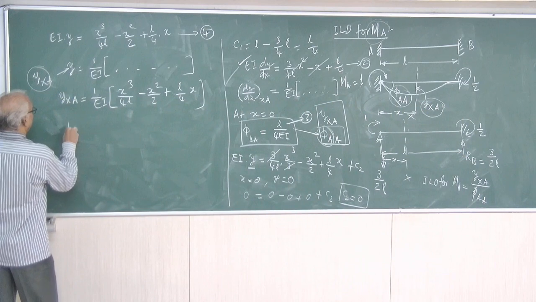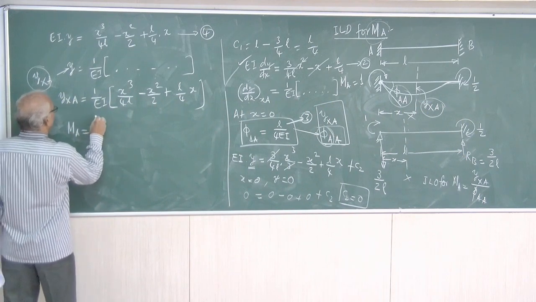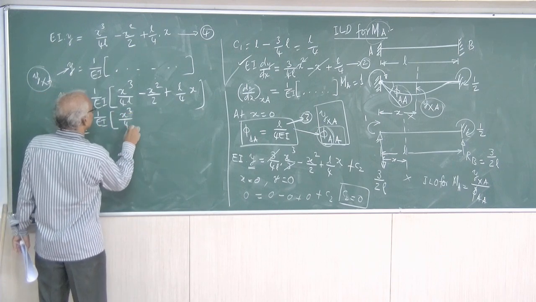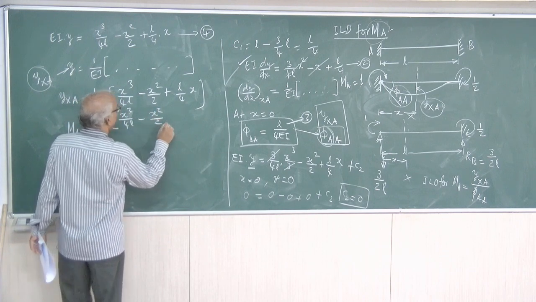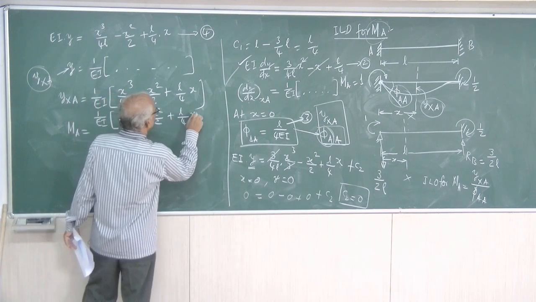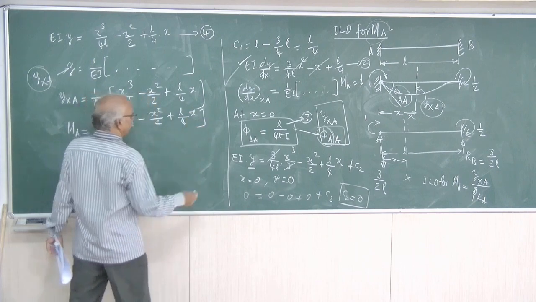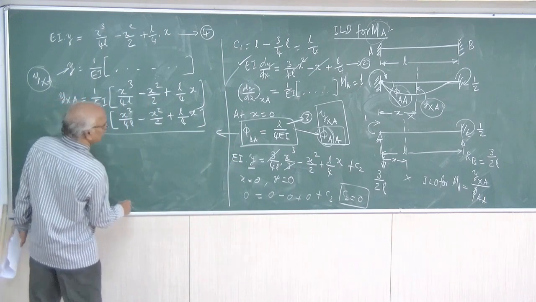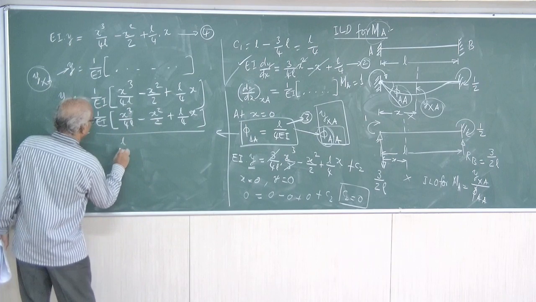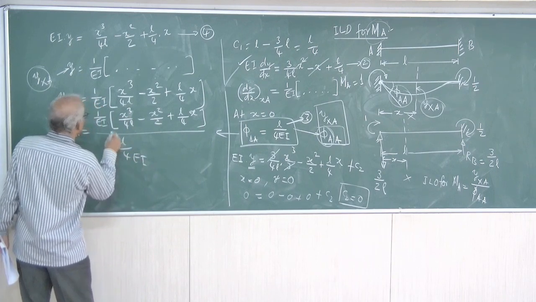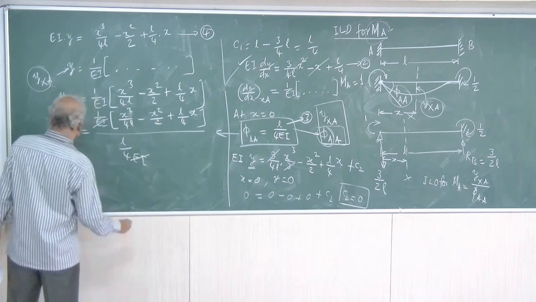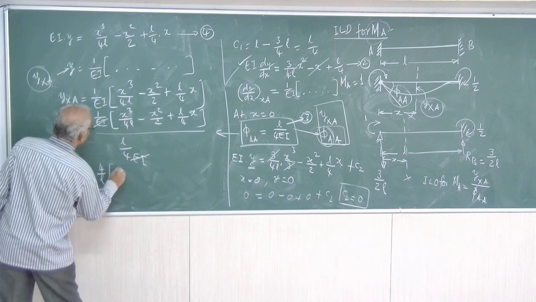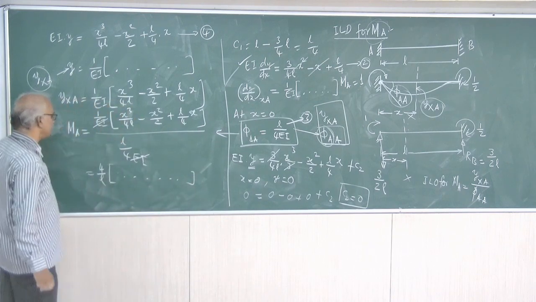Therefore, ILO for MA equal to y_xa is 1 by EI into (x cube by 4L minus x square by 2 plus L by 4 into x) divided by phi_AA. Phi_AA equal to L by 4EI. You will find EI will get cancelled. So MA will be equal to 4 by L into the remaining terms.